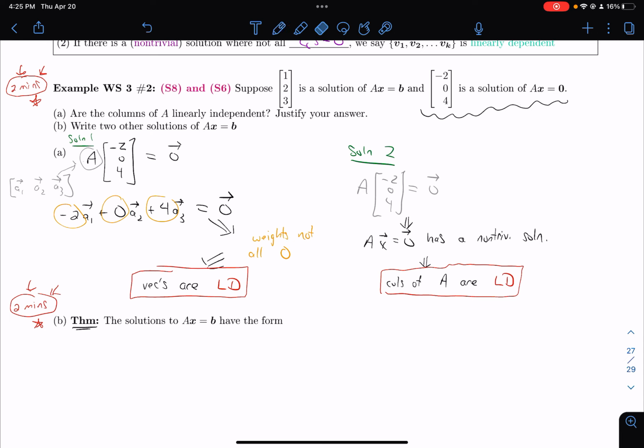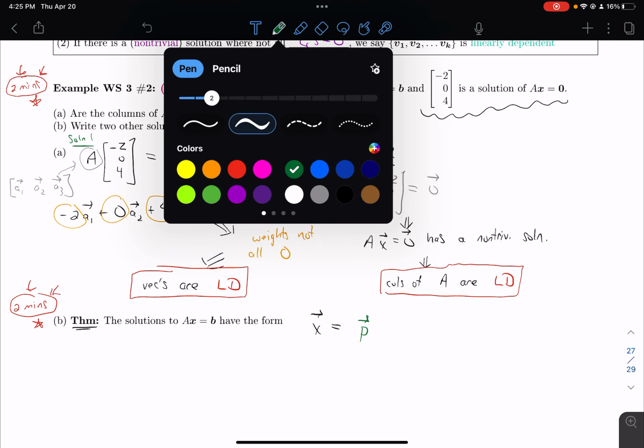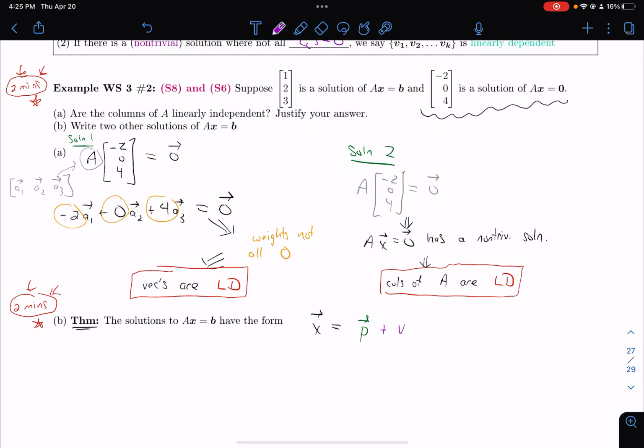Recall that the solutions to Ax equals b have the following form: my solution vector x has the form p plus vh. I'll remind us what both of those things mean.